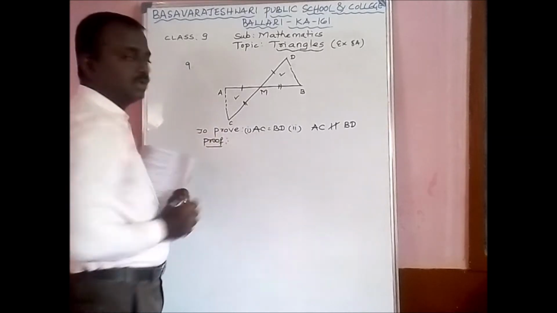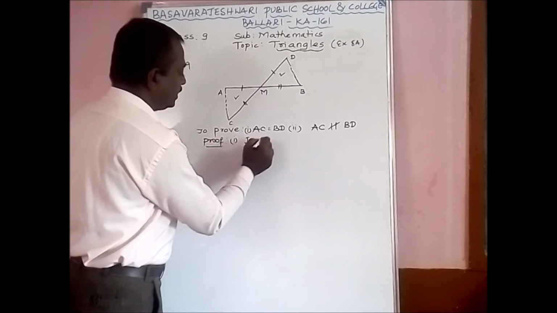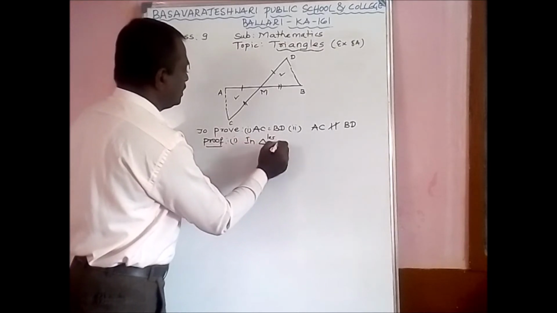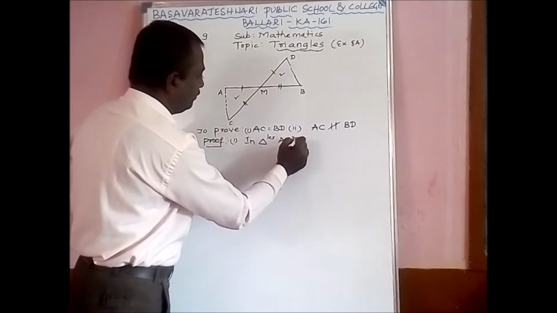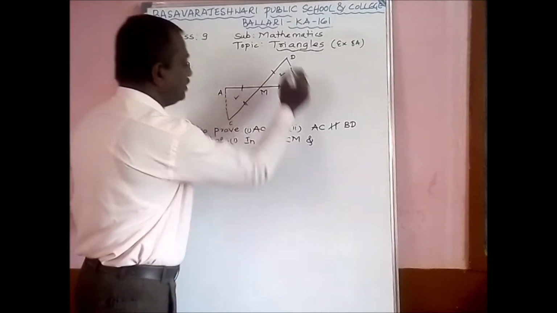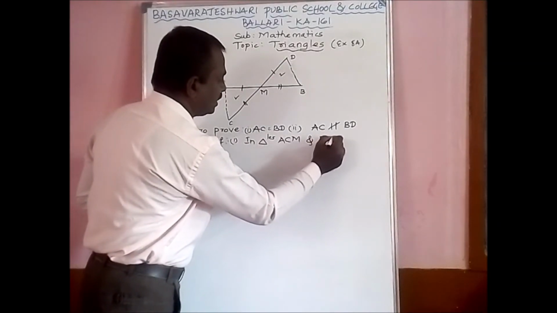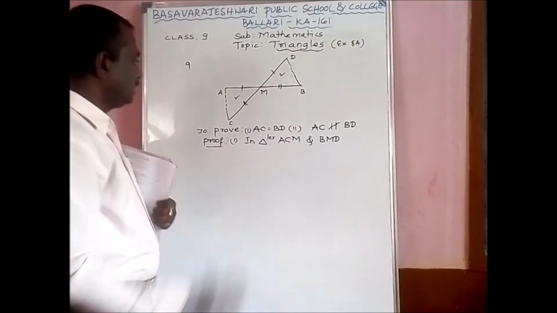First one. In triangles ACM and BMD. These two triangles.